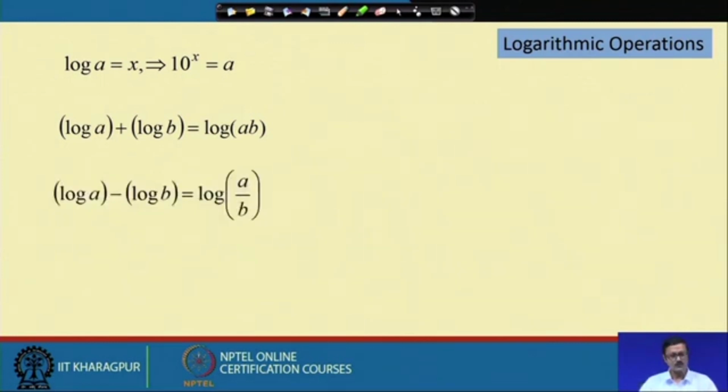The third operation is subtraction: log a minus log b will be log a by b. And the last one we need is that log a to the power n is always equal to n into log a. These 4 basic log operations will be required to understand the basic principles of the sound pressure level and the sound intensity level.